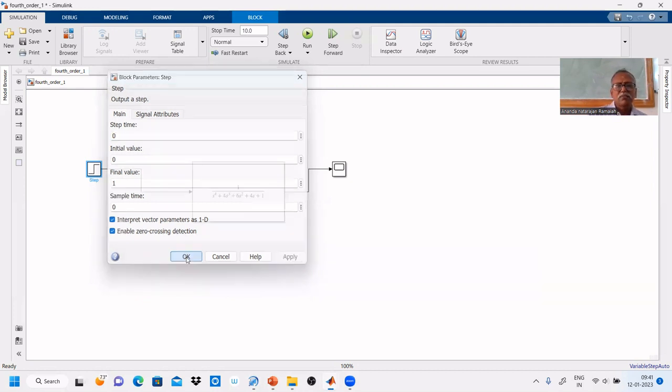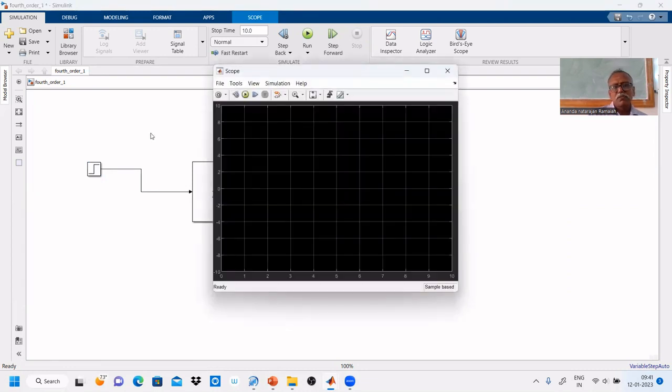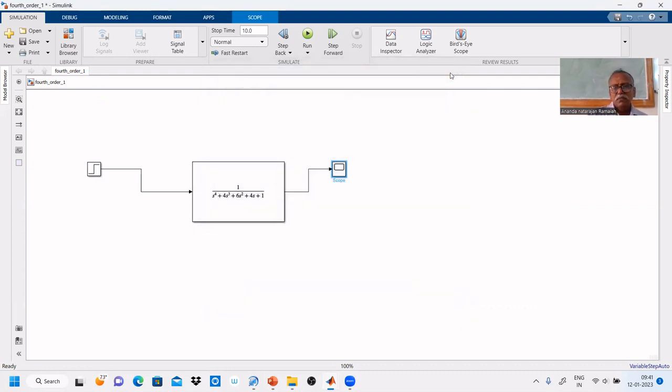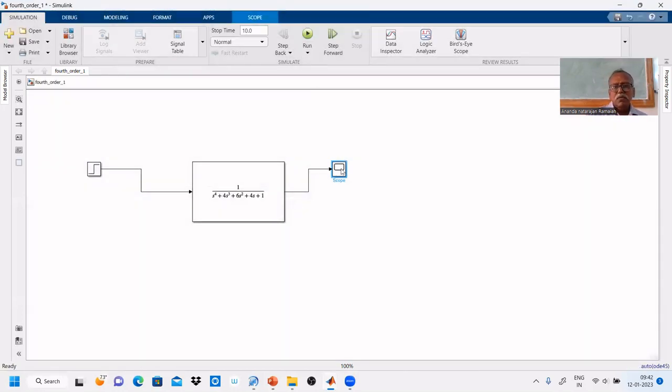That's okay. So this is the scope to see the response. No response here yet. Now we have to run this. Run. You will get the response.